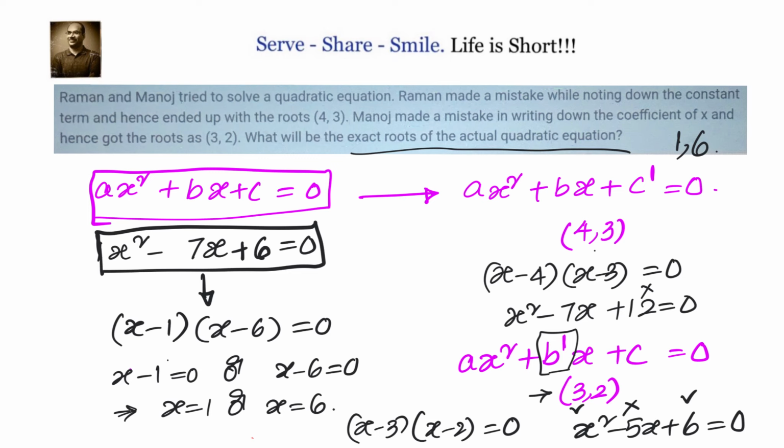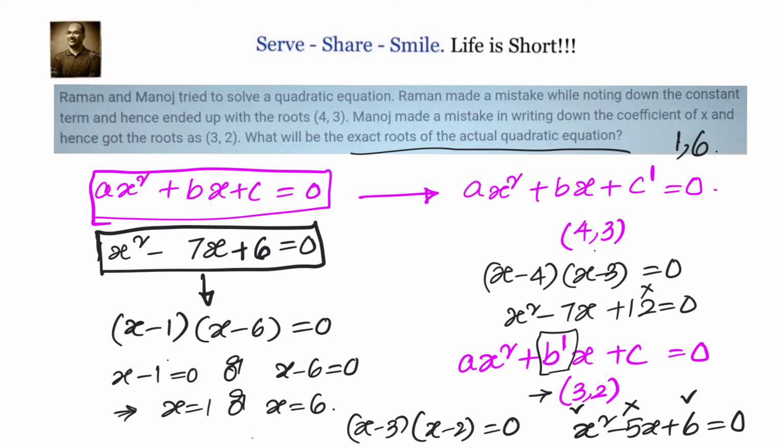Let the actual quadratic equation be ax square plus bx plus c equals to 0. Raman made a mistake while noting down the constant term. So he has taken ax square plus bx. Till then it is correct, but the constant term he took wrong as some c dash. And he got the roots as 4, 3. According to that, the quadratic equation should be x square minus 7x plus 12 equals to 0.